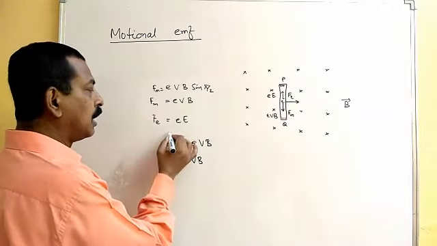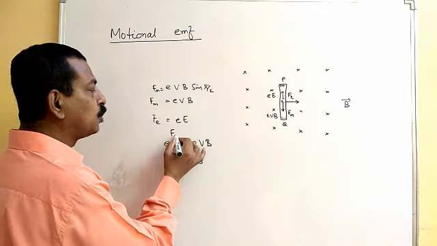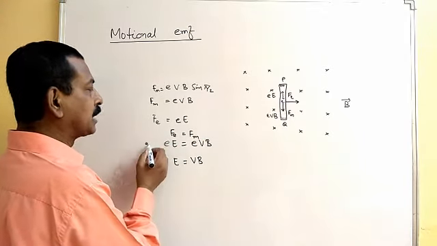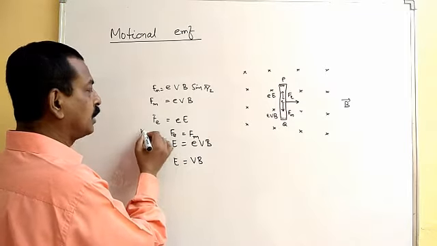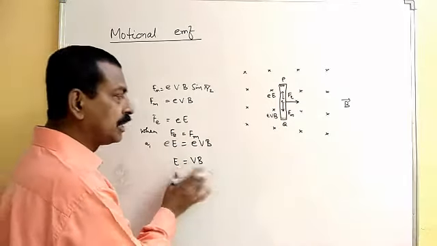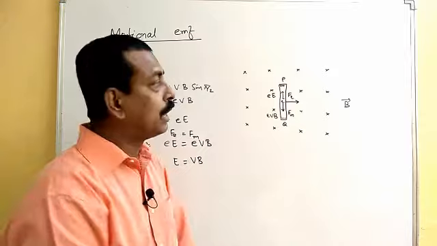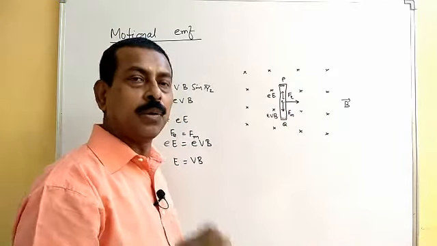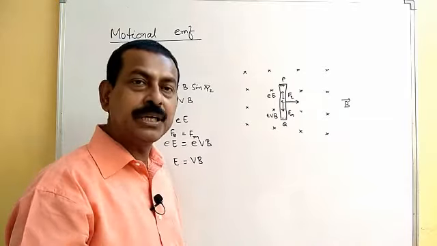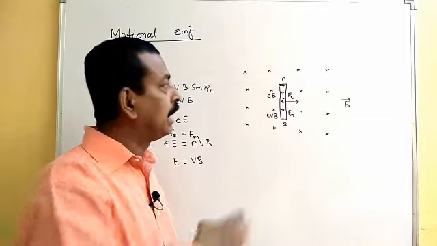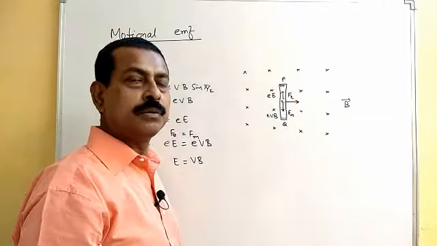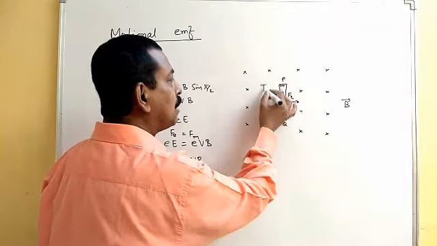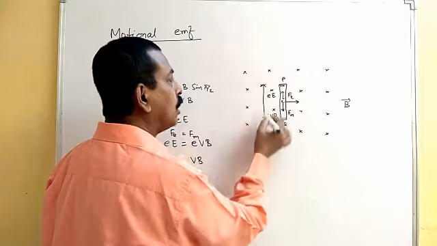This happens when the force due to the electric field is the same as the force due to the magnetic field. Now, as there is an electric field set up, there will definitely be a potential difference between the two ends, and we can get that potential difference if the rod has length L.